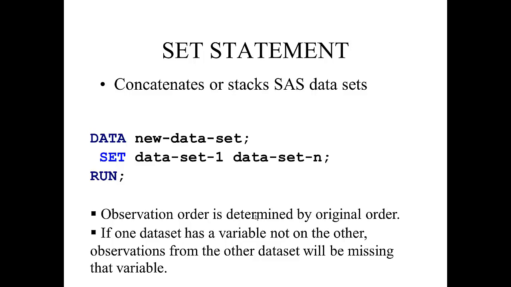That variable might be on the female dataset, and when we concatenated it with the male dataset, that variable would then be on the combined dataset, but for all of the male observations, that variable LMP would be missing. So when we combine and make a new dataset, all the variables are on the new dataset, but that does not necessarily mean that all of the variables will have complete data. It depends on whether there was data in the original dataset for that particular variable.